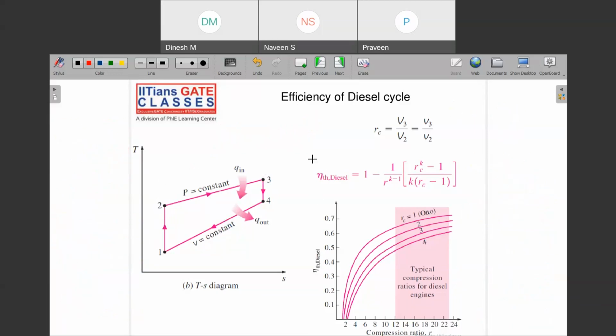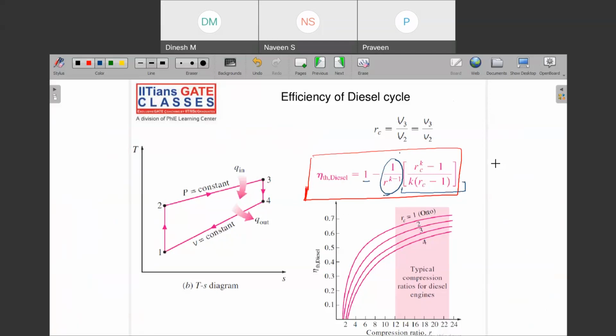So let me erase this one and let us work with this one. Can you see a few things? This diesel cycle efficiency is nothing but 1 minus 1 upon r to the power gamma minus 1. This is nothing but Otto cycle efficiency, right? And then you are multiplying some terms into this term. What is that term?